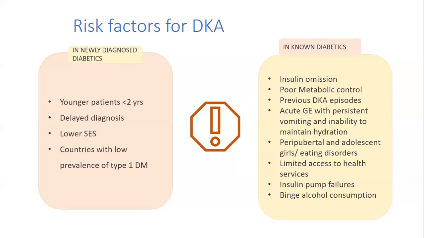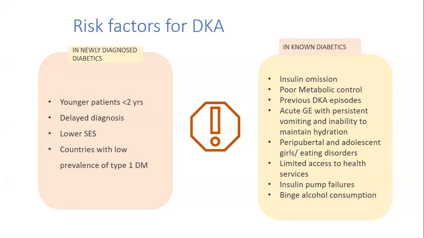Then in case of delayed diagnosis, in case it takes a while before the correct diagnosis is made, then risk of DKA would be very high. And this is very common in our setting because sometimes a patient is seen maybe at level 2 facility, and by the time they get to a level 4 and the diagnosis of diabetes is made, it is already too late and they have already developed diabetes ketoacidosis.